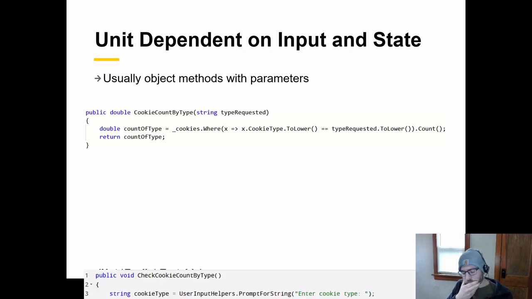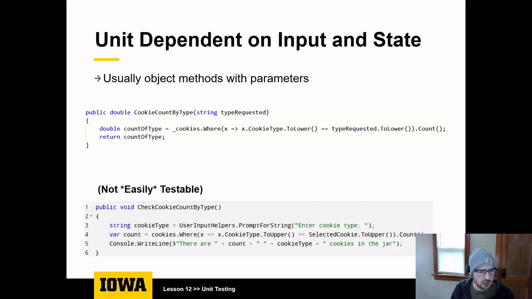And as a side note, some people wrote CheckCookieCountByType with something like this here, where the method goes out to the user to get the type, then performs the calculation and prints that out directly.